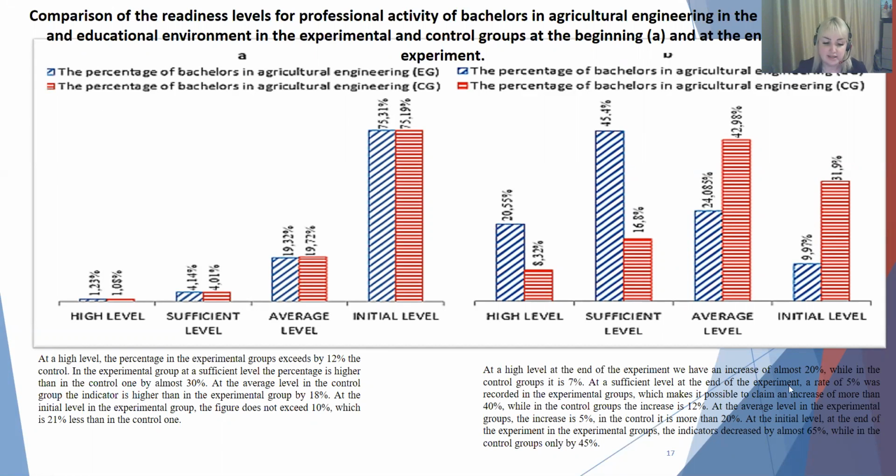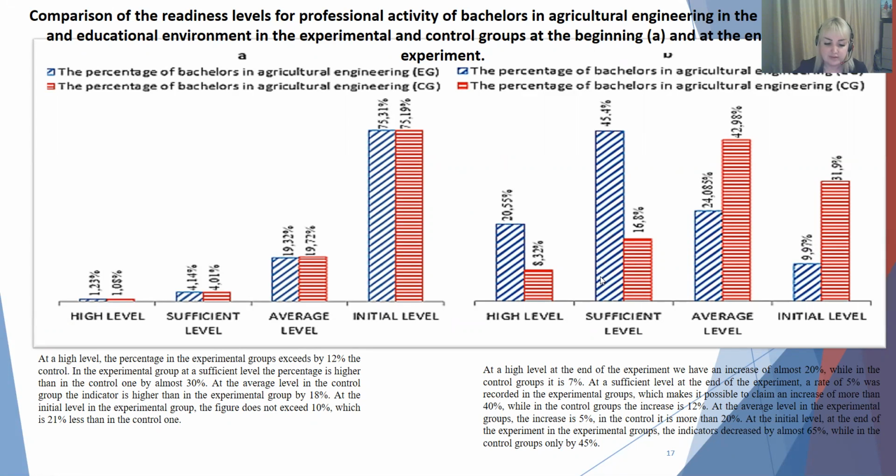At a high level, at the end of the experiment, we have an increase of almost 20%, while in the control groups it is only 7%. At a sufficient level at the end of the experiment, it's possible to claim an increase of more than 40%, while in the control groups the increase is 12%.